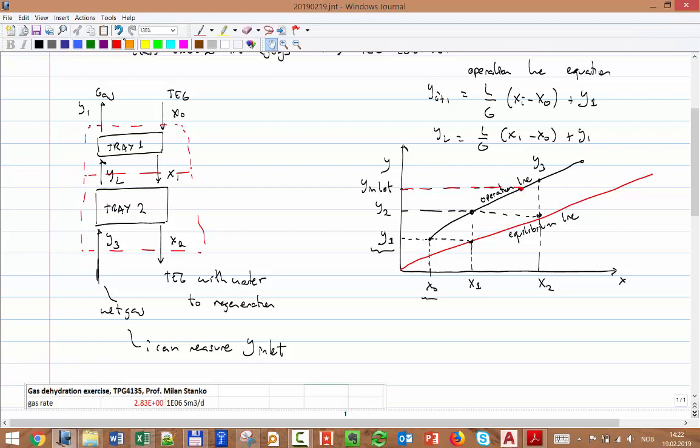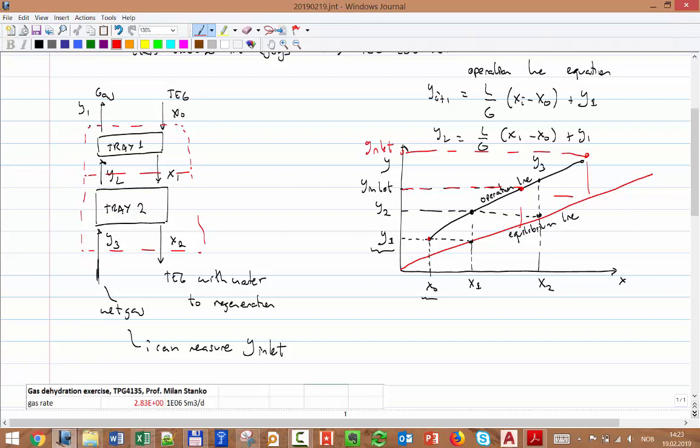Now, on the other hand, if the Y inlet was here, what does it mean? That means that even if I have 2 trays, I still don't reach, because I'm going to start the process much earlier. So I won't reach the quality that I need, the water mole fraction that I need.